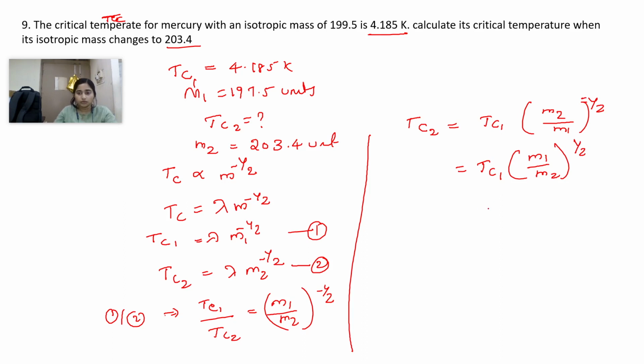Now substitute the values. m1 and m2 you have, and similarly Tc1 also you have. So just substitute those values and find the answer Tc2 in Kelvin.